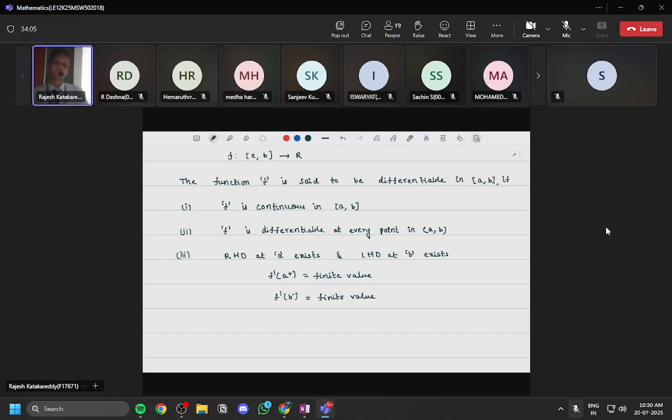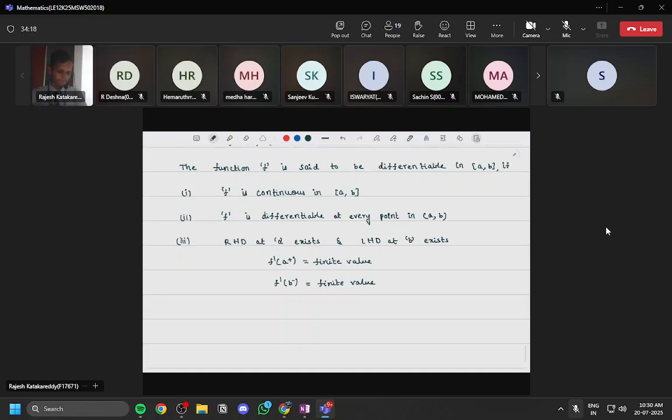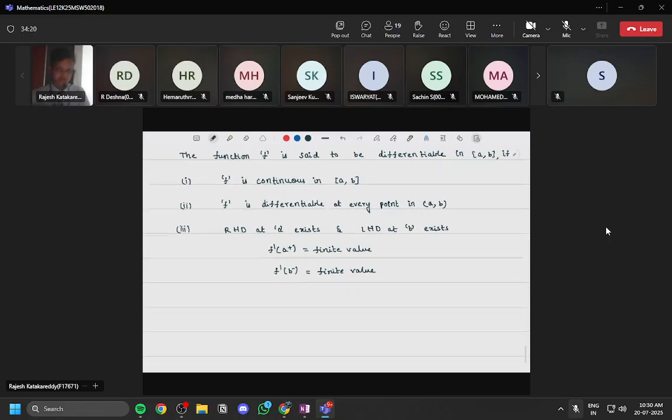It has two tangents at 0. That's why it is non-differentiable. Continuity means no breaks. Differentiability means a unique tangent. Any doubts, anybody?